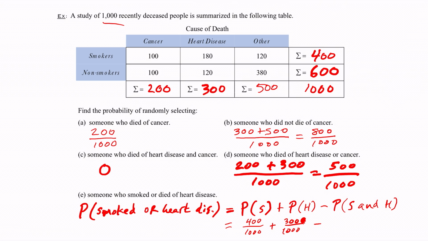Minus the probability that somebody was both a smoker and died of heart disease. So that would be these people here. There's 180 that were both a smoker and died of heart disease. So then combining 400 plus 300 minus 180, I believe leaves us with 520 over 1,000.